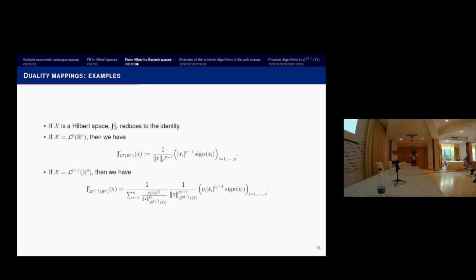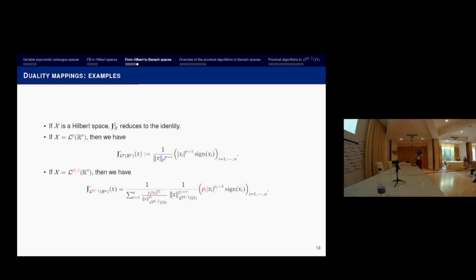Here are some examples. So in Hilbert spaces, the duality mapping is the identity if the parameter is 2, and then we have the duality mappings of Lp spaces that are defined as you can see, and the duality mappings of Lp variable spaces.